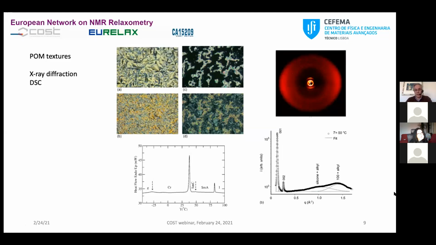And for instance, this is typical in ionic liquids. In ionic liquids, in most cases, you have these large bands corresponding to the lateral distance between the anions and the distance between the cations.